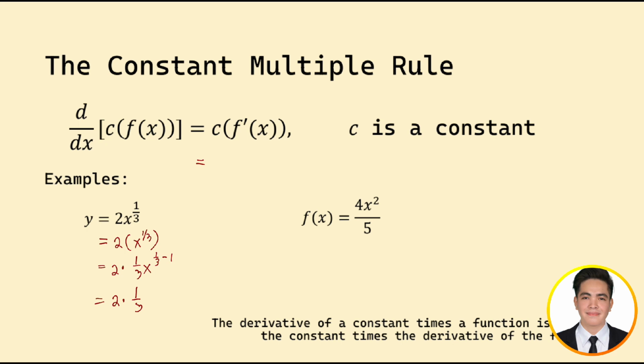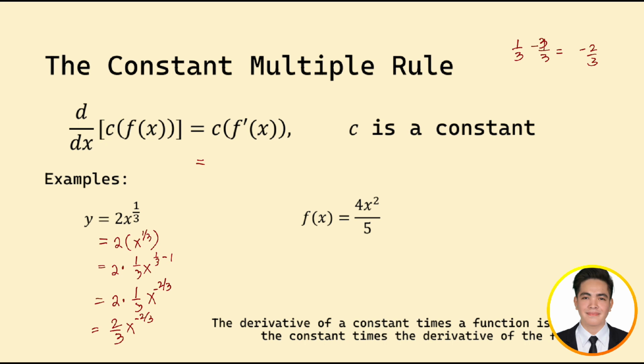This is 1/3 minus 1. 3, we will get 2/3. So, this is raised to negative 2/3. So, we could still simplify this further by saying that this is 2/3 times x negative 2/3.